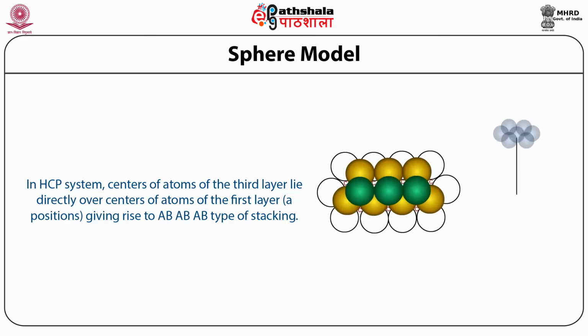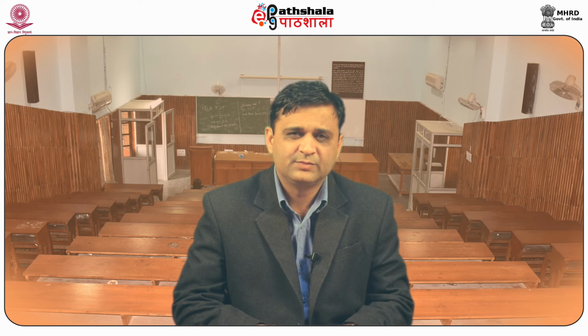So students, let's summarize what we have learned in this module. First we talked about Bravais lattices in 2 dimensions, and we learned that there are 5 different types of Bravais lattices possible in 2 dimensions.